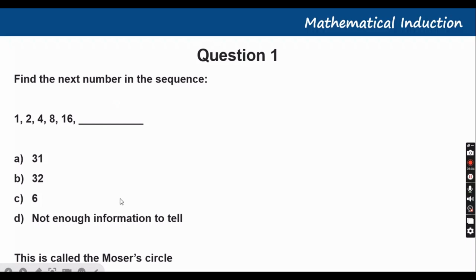bisecting the circle into how many times? 1, 2, 3, 4, 5, 6, 6 times. So I was cutting the circle 6 times, and every time I put a new point, I'd join it to the previous points that were already in the circle.